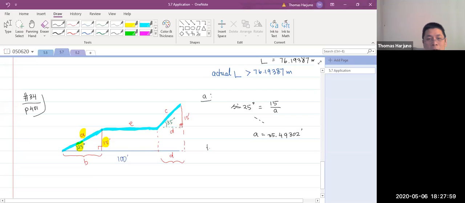And then how do we find B? To find B, you can use Pythagorean Theorem because you know the 15 and A. But I think it's still faster to use tangent.